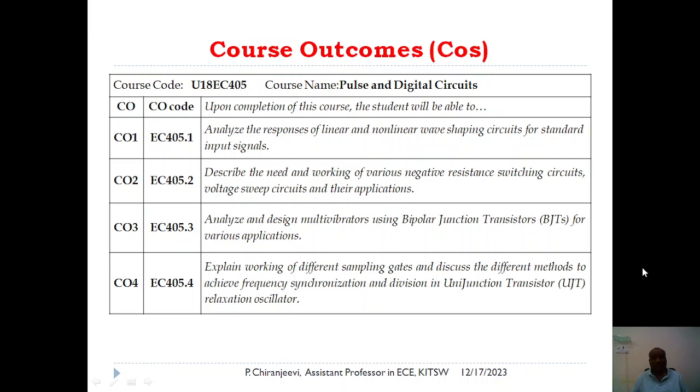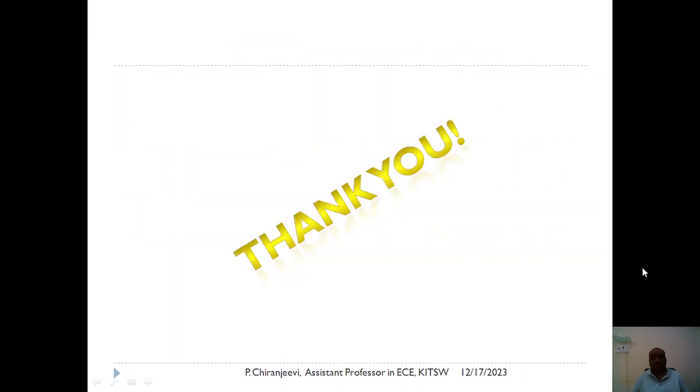And you should be able to analyze and design multivibrators using bipolar junction transistors for various applications, and you should be able to explain the working of different sampling gates and discuss the different methods to achieve frequency synchronization and division in unijunction transistor relaxation oscillator.